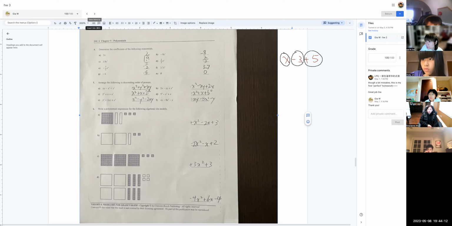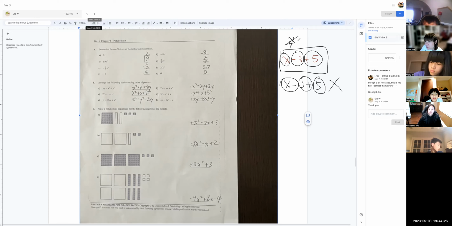So the number is always going with the sign in front of it, not next it. 好，我有些小朋友跟我说，老师是 x 减3加和5。No, this is wrong. This is right. This is the most important thing when you go to the high school or you're learning any variables or algebra. Everybody, the sign is always go with the number after it. The number is always go with the sign in front of it.